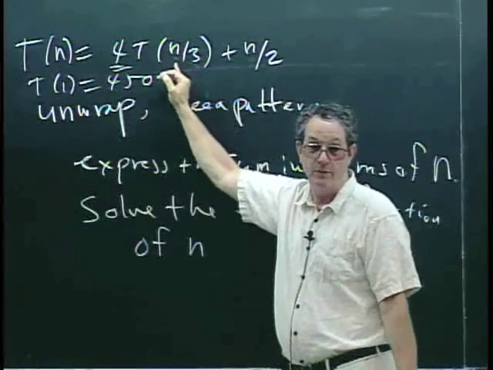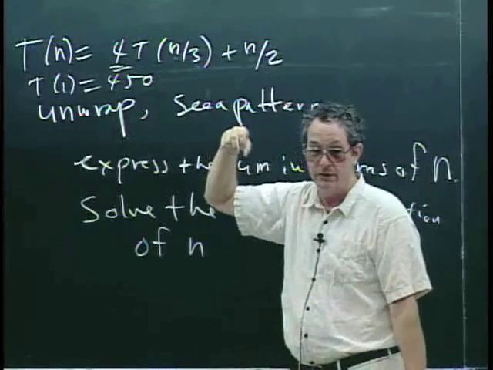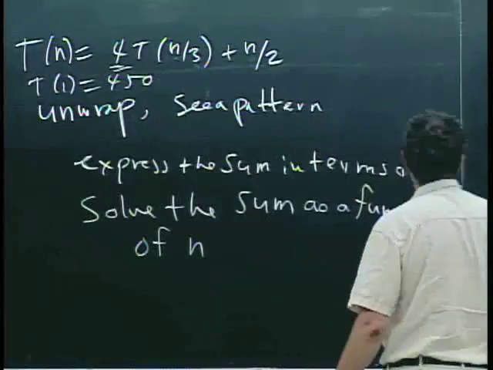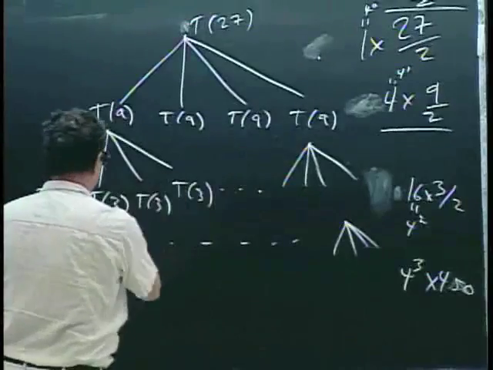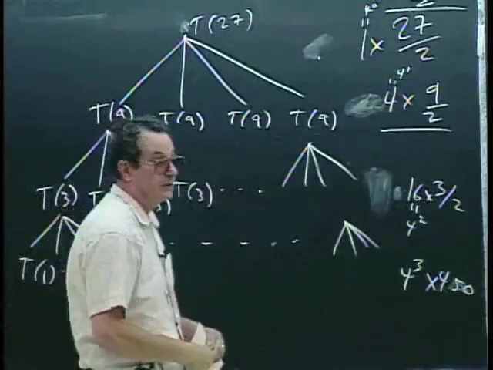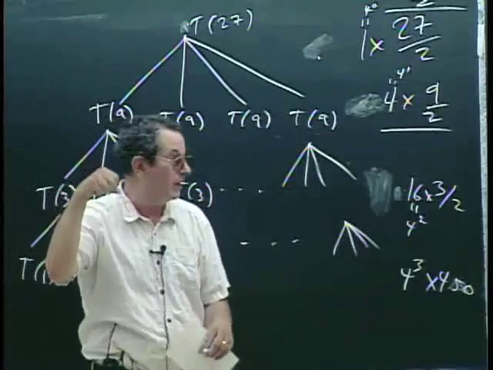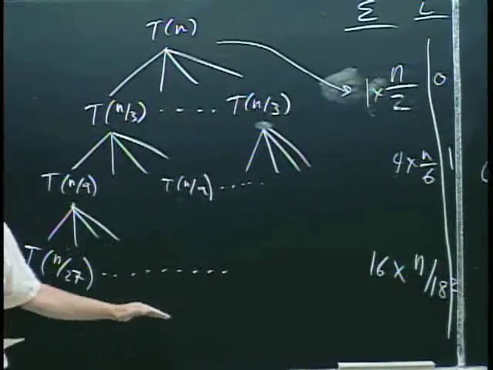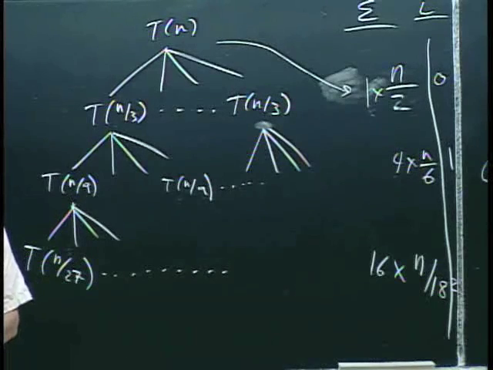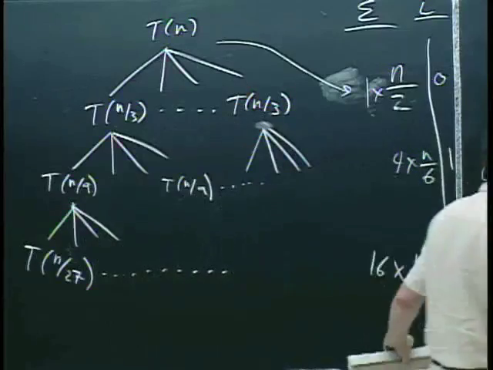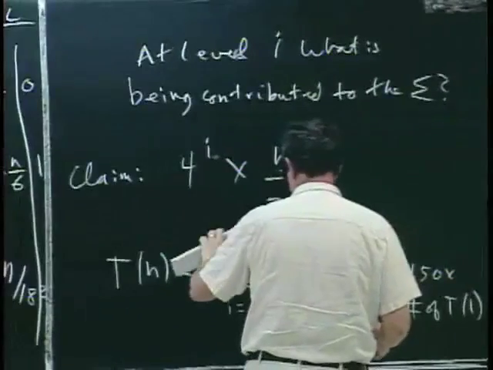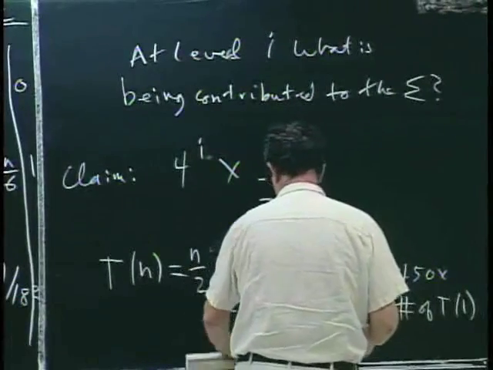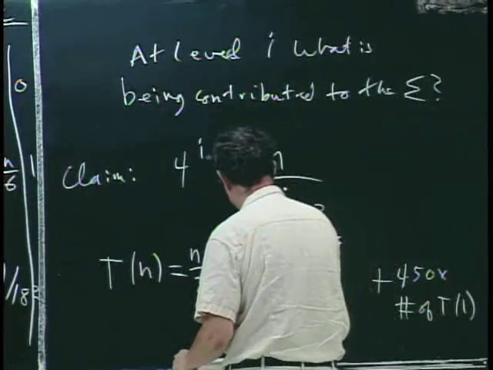We're starting out with n as our initial number, and then at the next level it's n over 3, and the next level it's n over 3 squared, and so on. So you go from n dividing by 3 successively until you get down to 1. So how many divisions of 3 are there? Log base 3 of n. Okay, so the number of levels is log base 3 of n.